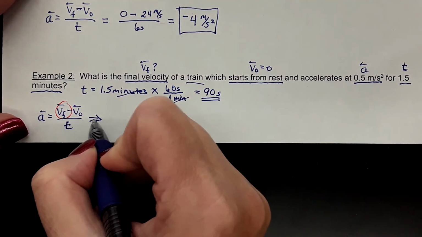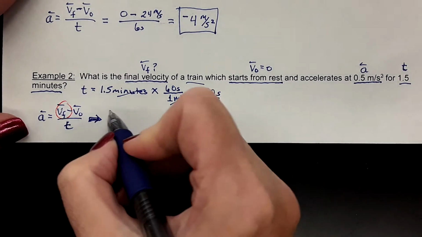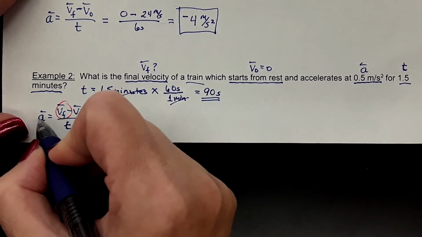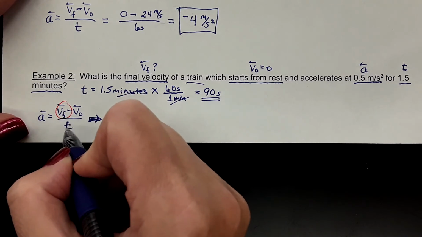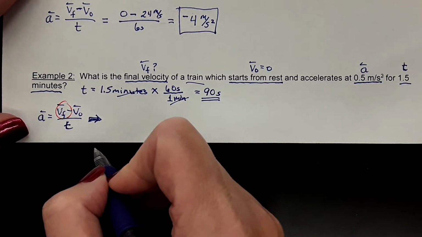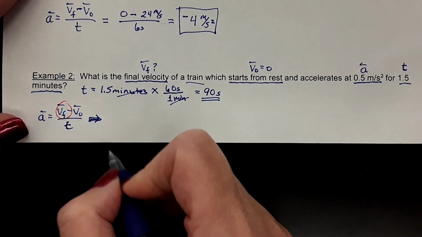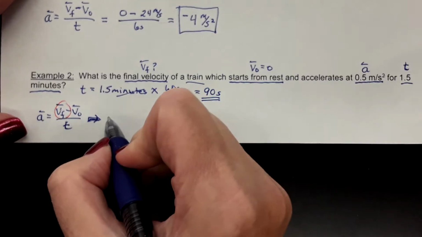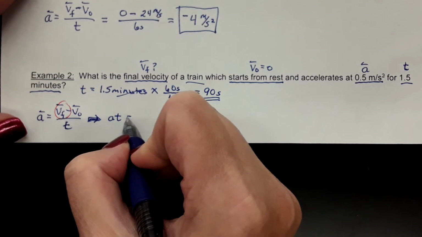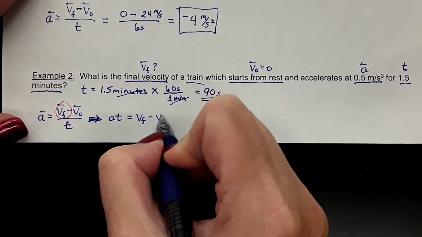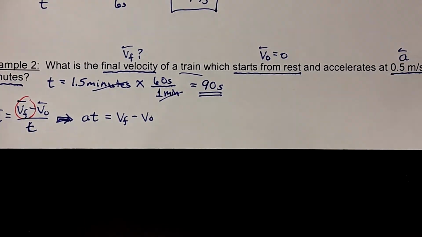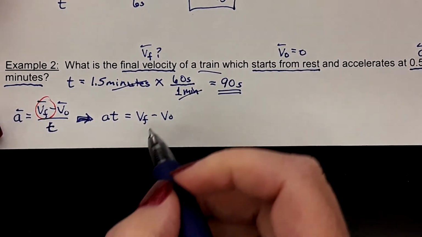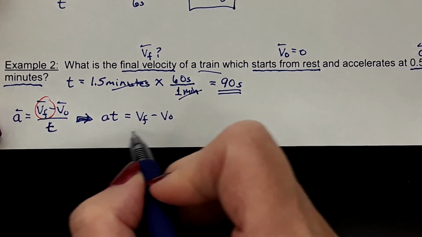I'm going to first multiply over by the t. We can do that because we're dividing by it on this side, so we multiply by it on the other side. We get a times t equals v sub f minus v sub o, right? That's better, isn't it?